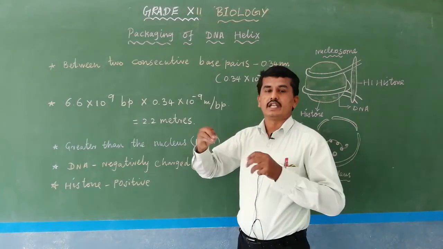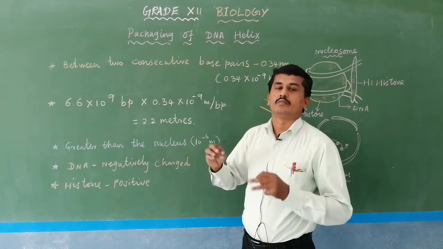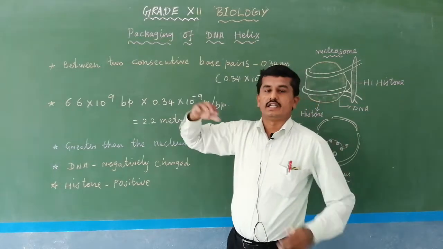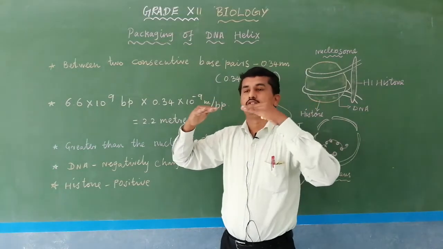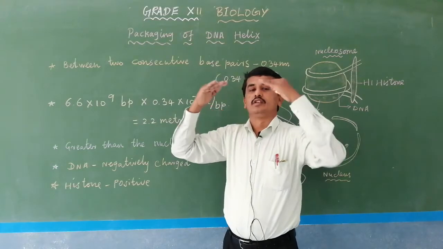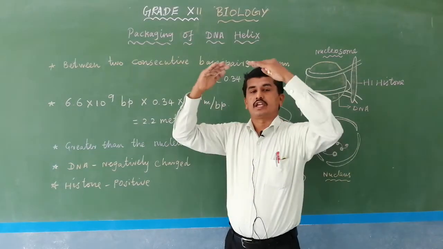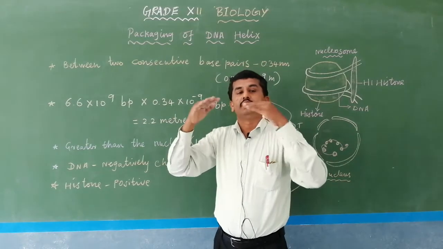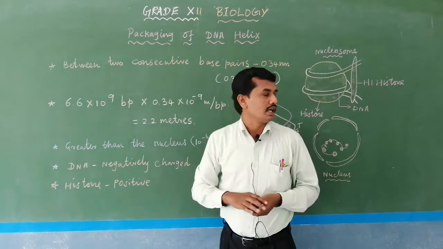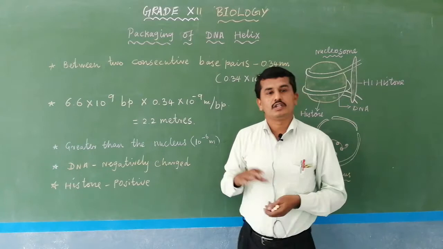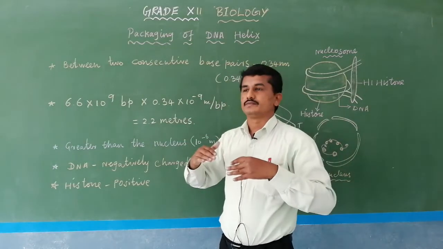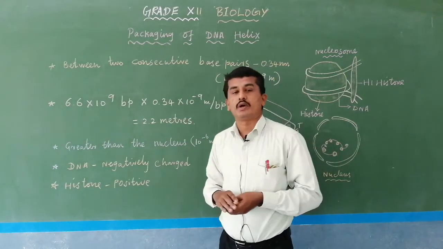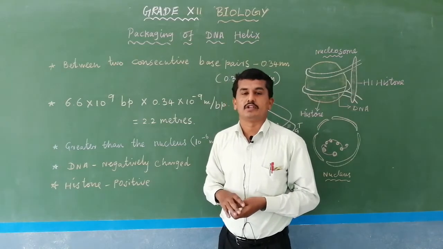If you take DNA from the nucleus of a human cell, separate it, and continuously count the base pairs, one base pair adenine, thymine, the next cytosine, guanine, and so on, totally 6.6 into 10 to the power of 9 base pairs are present.